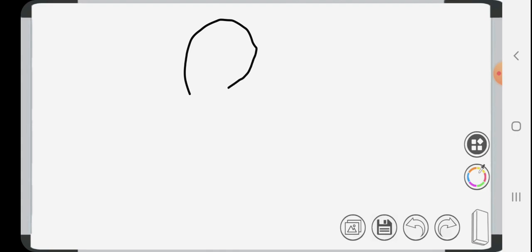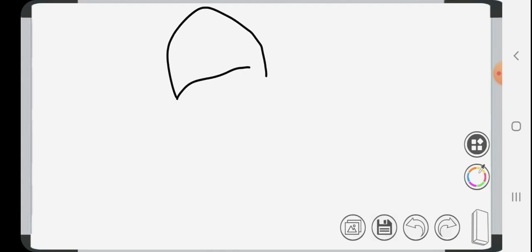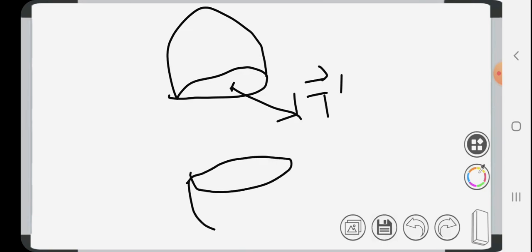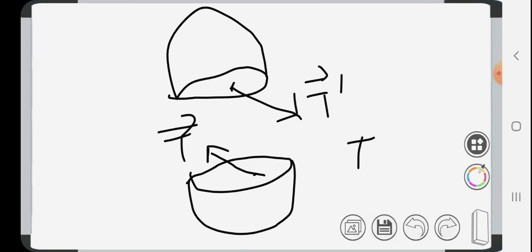I will draw once more. So here is the T vector, and the stress vector T dash in this direction. Similarly on the lower portion, it should be equal but opposite in direction. So T vector should be equal to minus T dash vector.